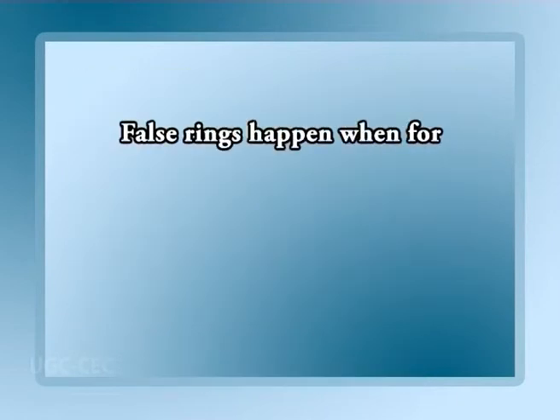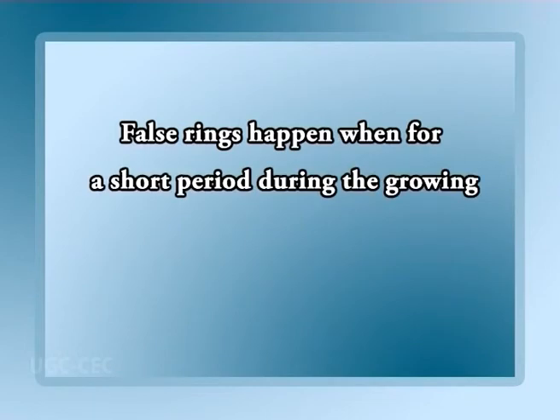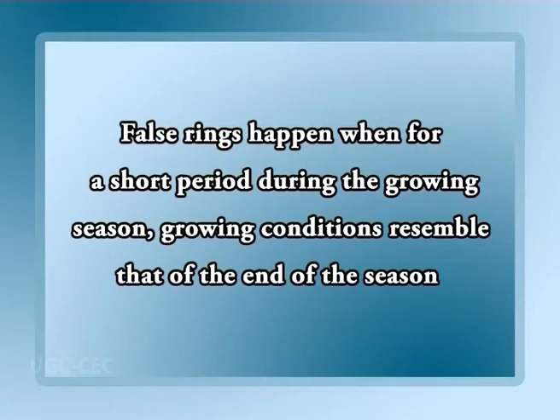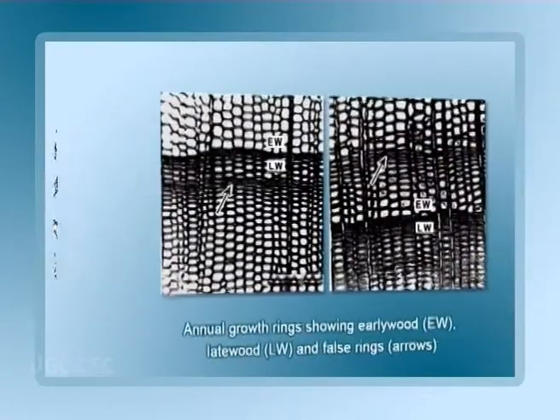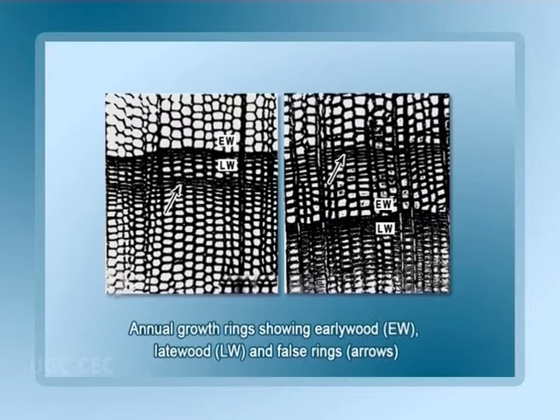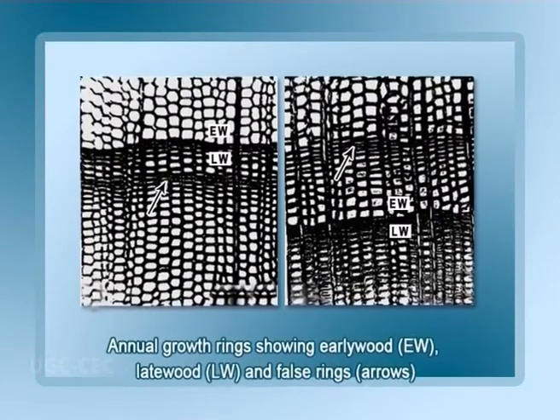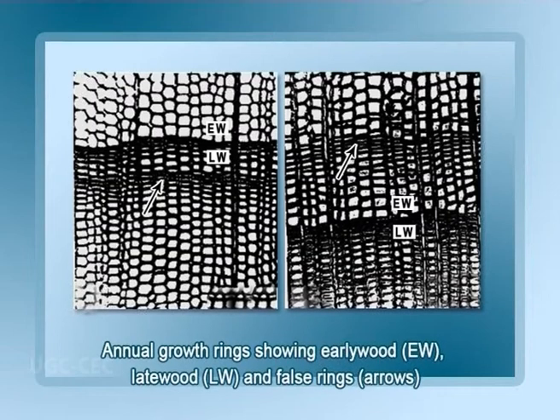Now, what are false rings? False rings happen when for a short period during the growing season, growing conditions resemble that of the end of the season. For example, when drier and colder conditions prevail for several days, and then there is again the renewal of the warm season. A few layers of thick-walled cells are formed during these days, and they have the appearance of late wood.